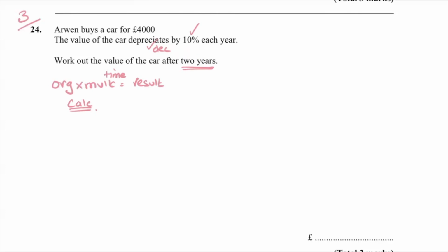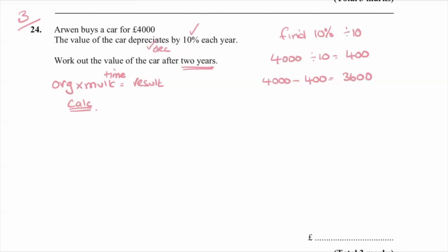It's depreciating by 10%. Now, if I find 10%, all I have to do is divide by 10. So it's very straightforward to get started on this without overcomplicating it. So it's going to lose £400 in its first year. So 4,000 take away 400 is 3,600.